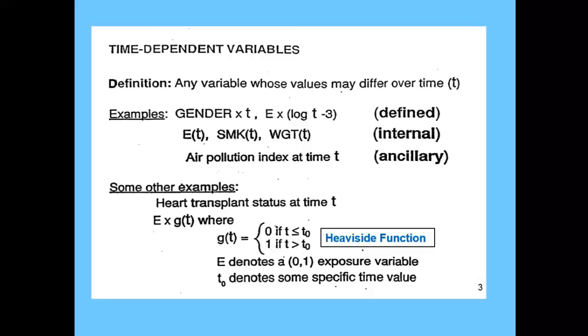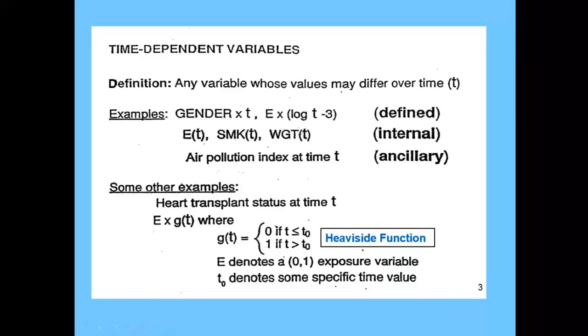So we're talking about somebody whose gender stays the same throughout the whole study. But this part of it is time independent, but when you multiply it by time, and time is moving on, this is a variable whose values are changing over time. When time is equal to 1, it's gender times 1. When time is equal to 2, it's gender times 2. If we're talking about days, weeks, months, or whatever it is. So this is a time-dependent variable. Okay. What about this one?